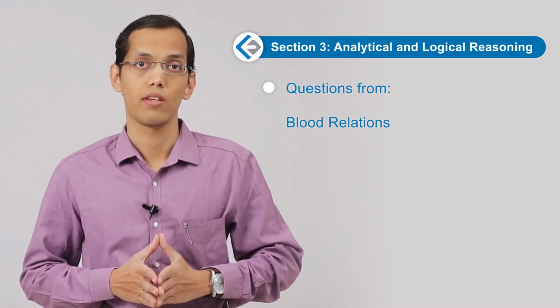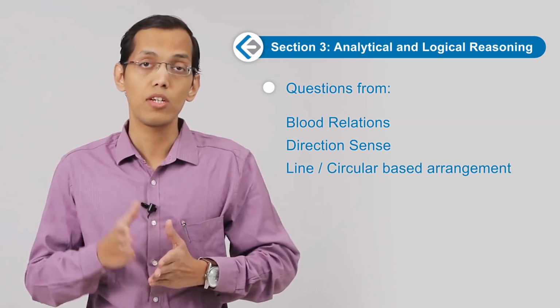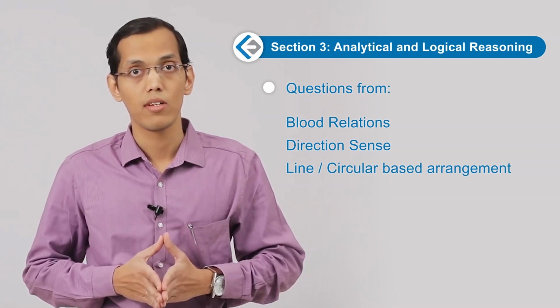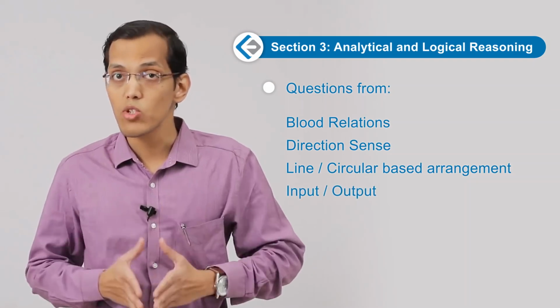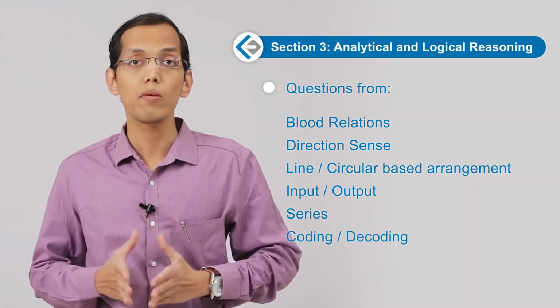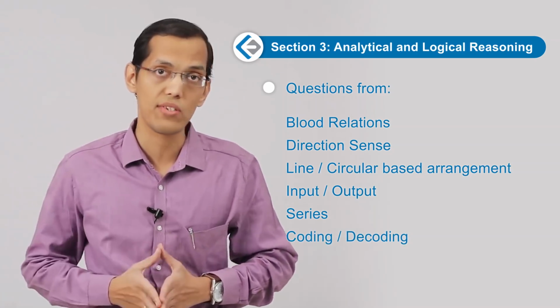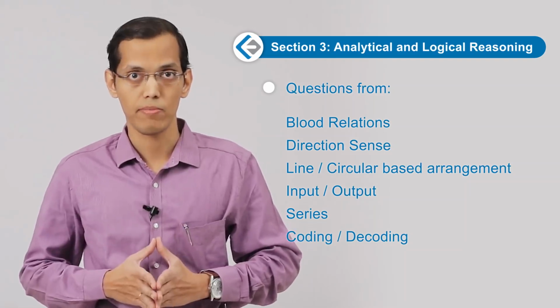These varieties can be blood relation, direction sense, line-based arrangement or circular arrangement, then input-output based questions, series, and coding-decoding based questions. They all may have 1, 2 or even 3 questions per variety.